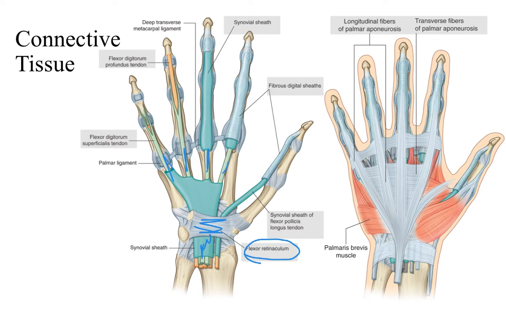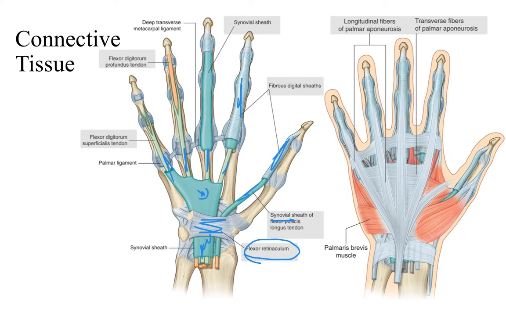And just like we saw in the foot, they are covered in this synovial sheath so that they are lubricated and can move fluidly without much friction. But on top of those, we have these fibrous digital sheaths. These fibrous sheaths protect not only the synovial sheath but also the tendon underneath.